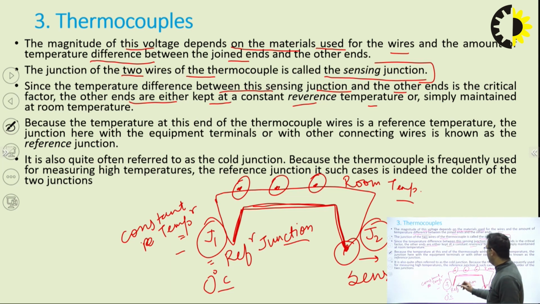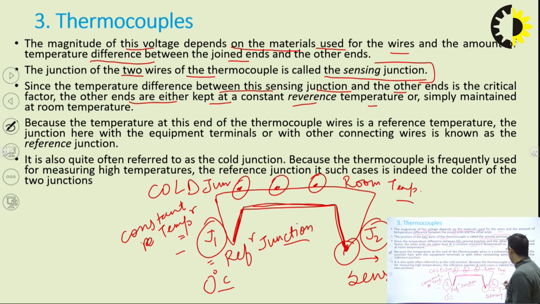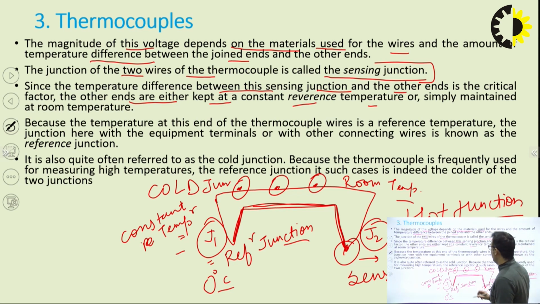So we call this junction the cold junction, and the sensing junction is termed the hot junction. The cold junction generally acts as our reference junction and the hot junction acts as the sensing junction.